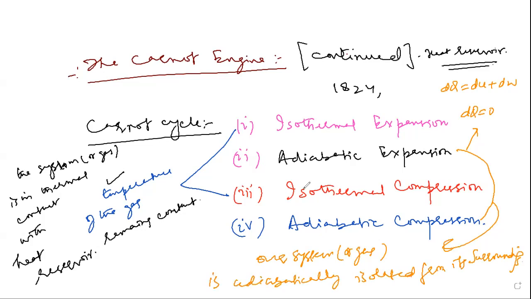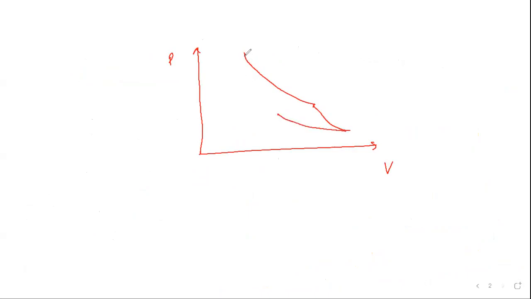Let me show this cycle on PV diagram. So the cycle is like this. Let this be point 1.